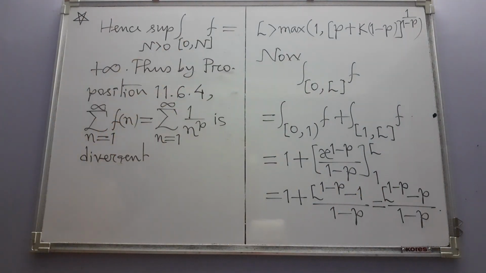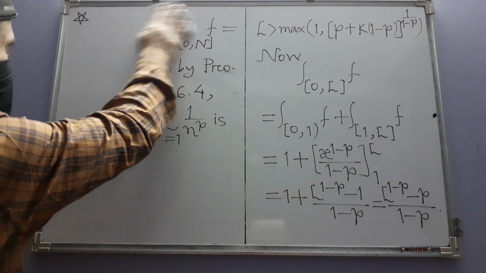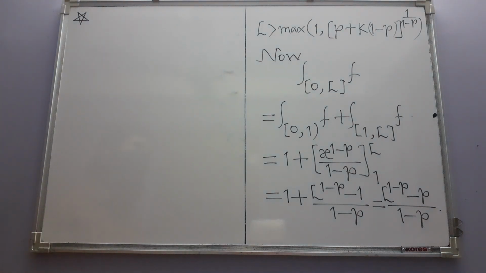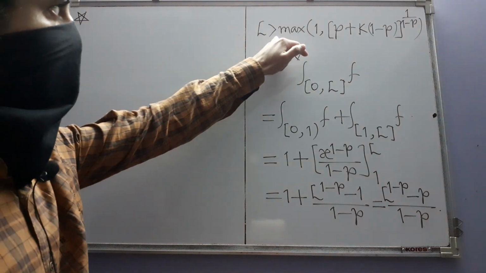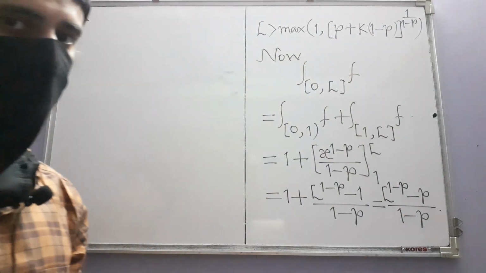Now we go back to that thing. Now our choice of L will be justified. Because of how we have chosen L, L is greater than both of them. In particular, it's greater than this complicated number.